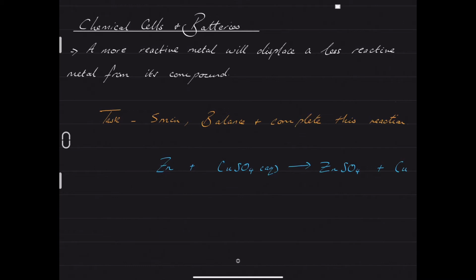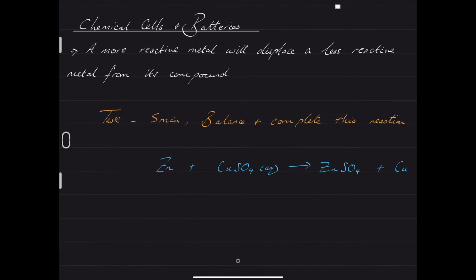Now we're going to look at one particular type of displacement reaction and work our way through that reaction, and then we're going to see how we use that chemical reaction to build chemical cells and batteries. So that's how we're going to break it down. We're going to break it down from the chemical reaction stage first, and then we'll go into incorporate that into a chemical cell, into an electrical cell.